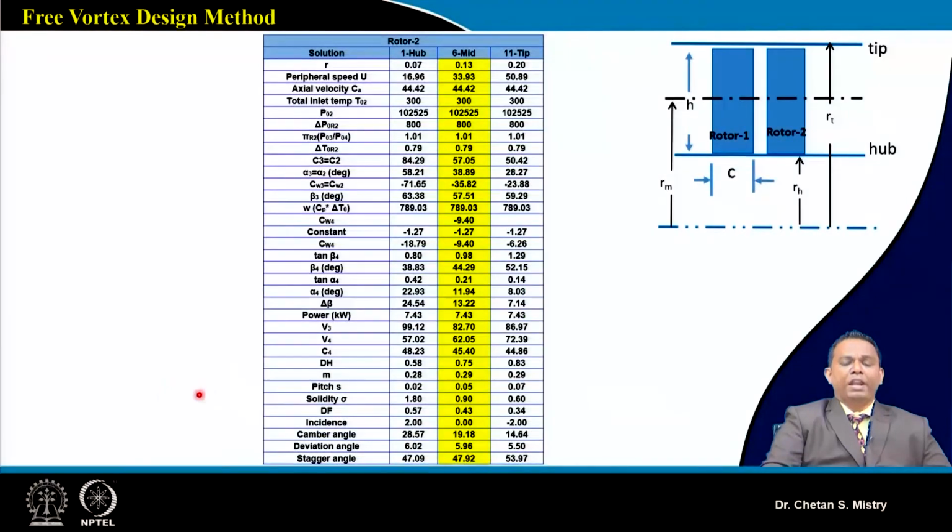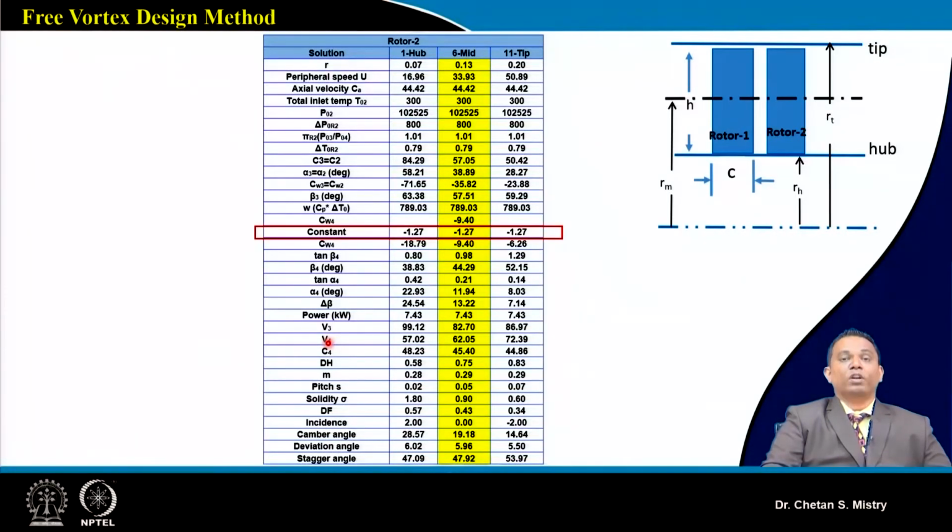Now these are the calculations for my camber angle, deviation angle, as well as the stagger angle. Now compiling all this data, with the interest of time I am not repeating the same words of what we have done. Since these slides will be available to you, just cross verify with the numbers. This is what we will make at different stations, say hub, mid and tip station.